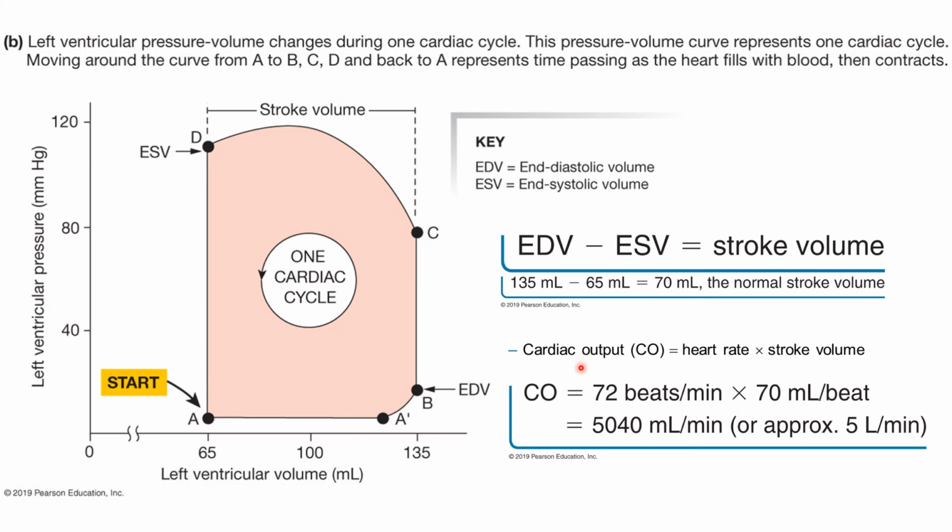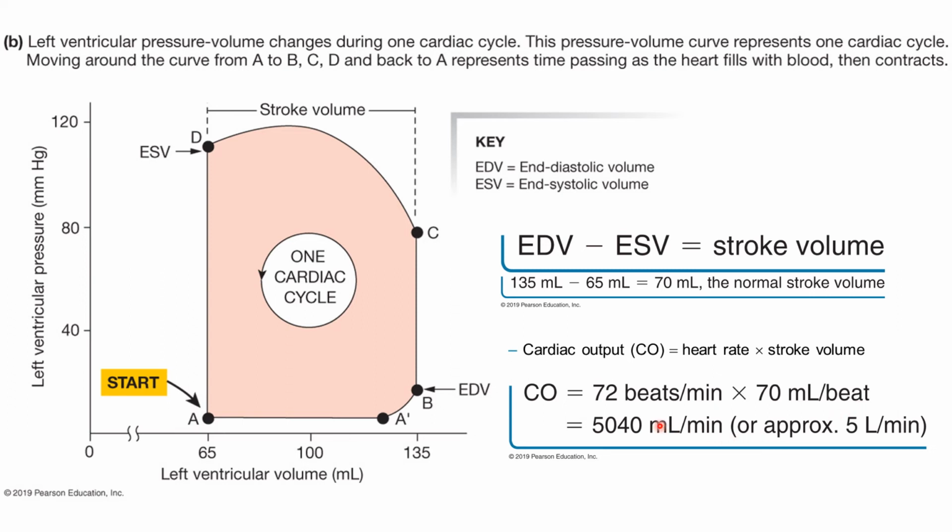Now, your cardiac output is the volume of blood that's pumped by each ventricle per minute. To calculate that, we can multiply our heart rate, which is how many beats per minute we are conducting, by your stroke volume, which is how much blood we are pumping per beat, not per minute, per beat.